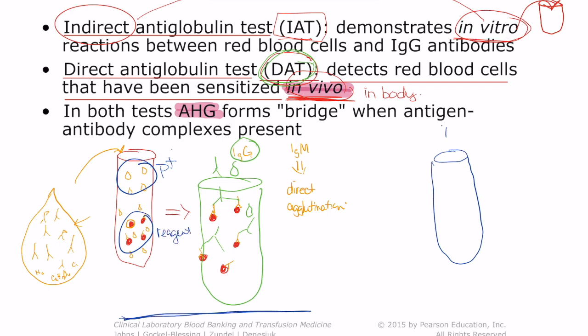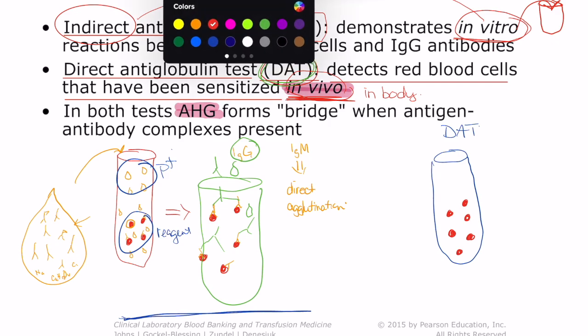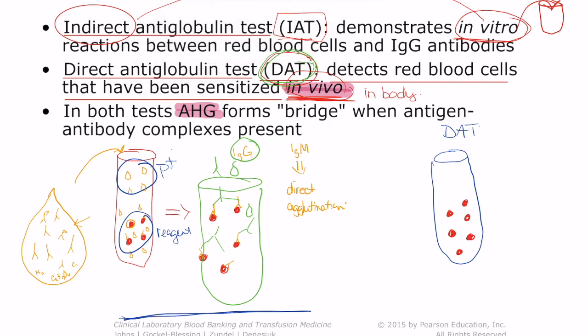Now with a DAT, over here we're adding patient cells. And we're looking just at these patient cells to see if they already have an antibody on them.